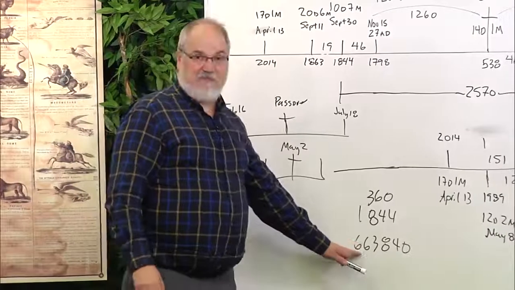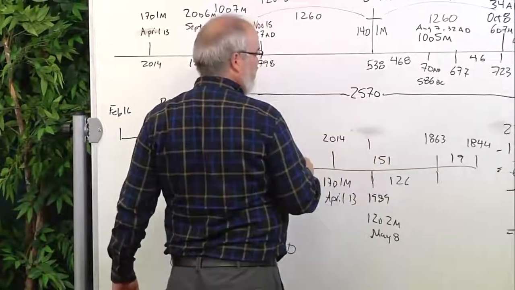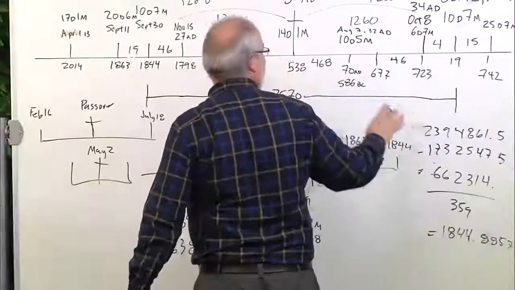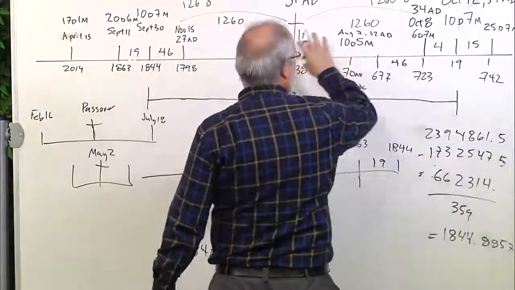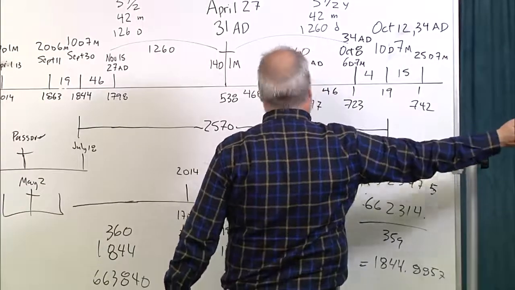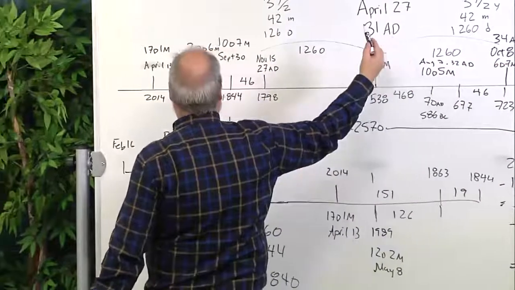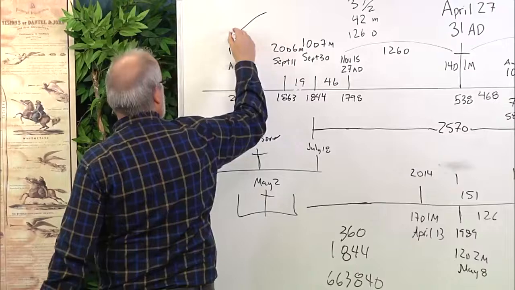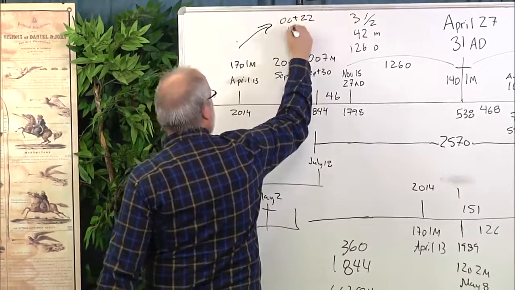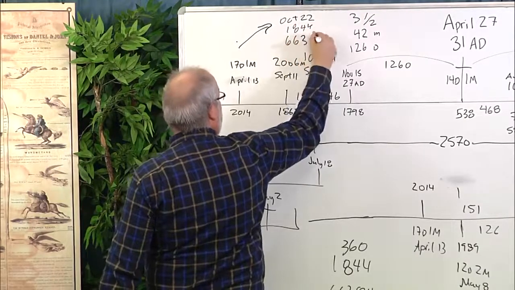I found that this reaches from 1844 way over here in the future, because this is 31 AD, 34 AD, so 810 years in the future. If I count 360 times 1844, it brings me all the way back to here. So from here to get to October 22, 1844 is 663,840 days.